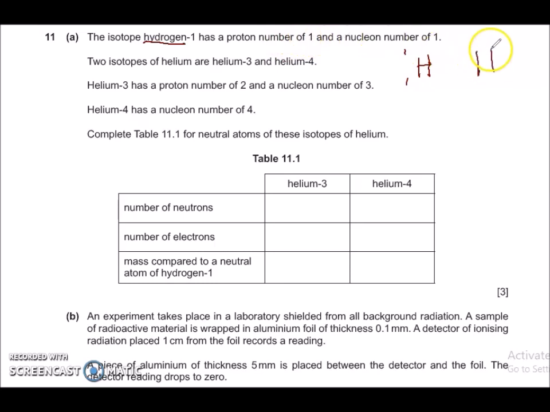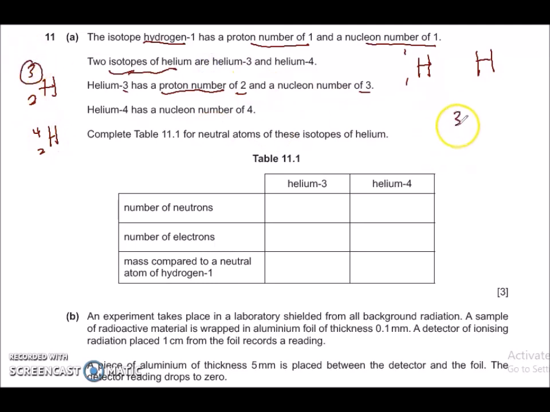Another hydrogen they can mention over here, proton number is 1, nucleon number is 1. Okay. Helium, isotope, helium is this. Here for your information at this part, let's say I just write it bigger over here. This is 2. This one is more to a proton number.